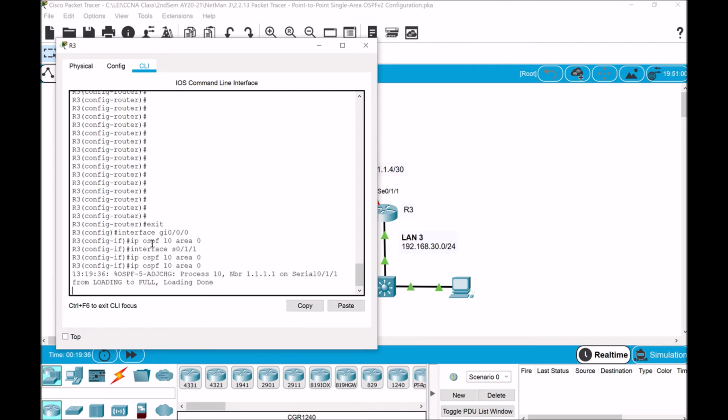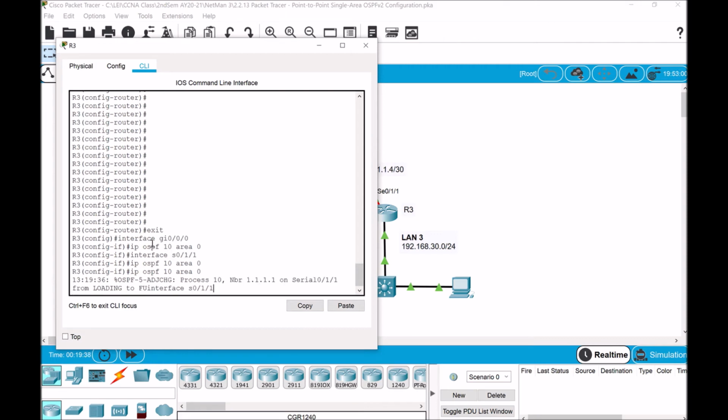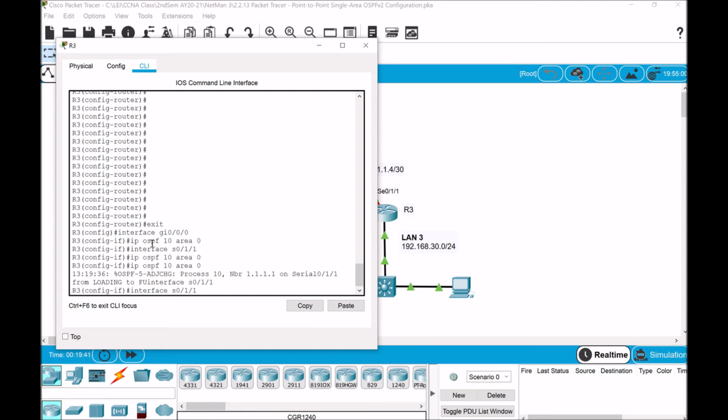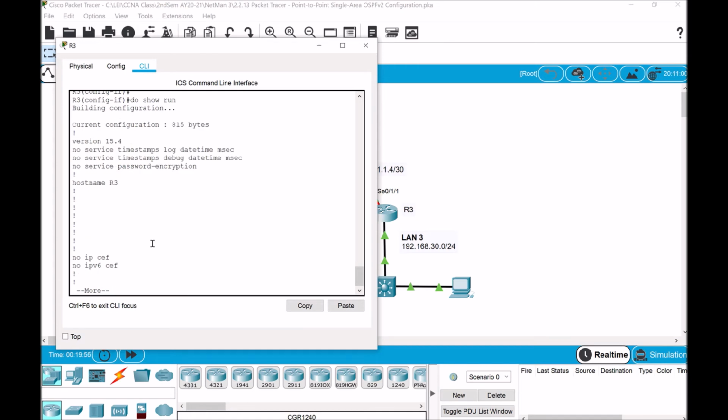And then we go to the other interface, which is 0/1/0. Press enter, and then IP OSPF 10 area 0 and press enter. Okay, so now let's take a look at the configuration.